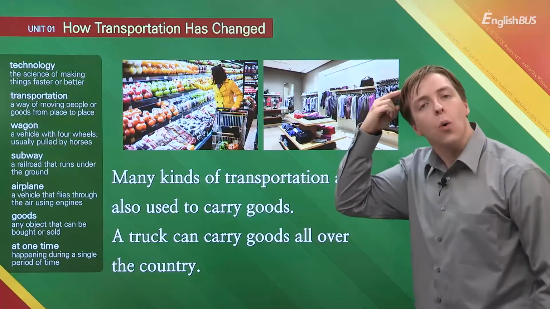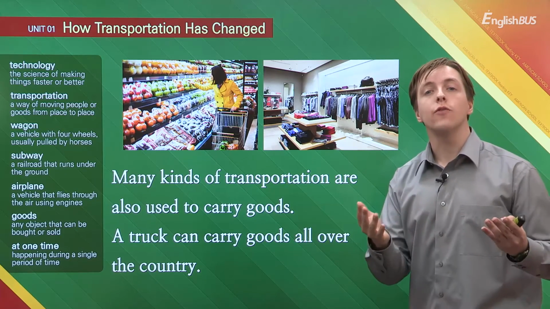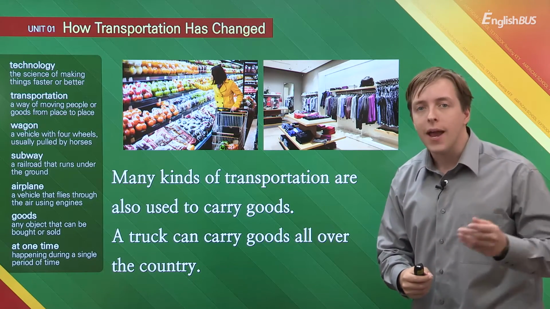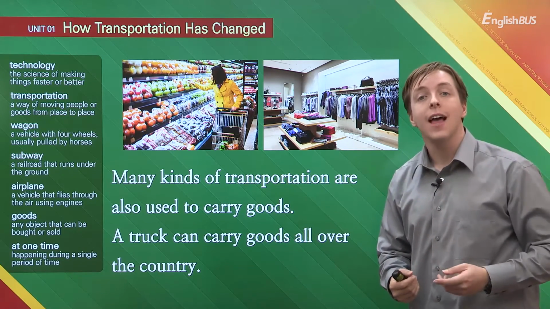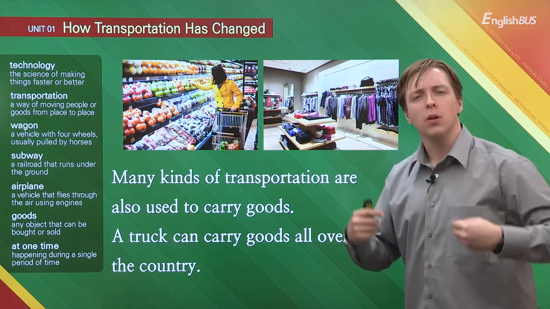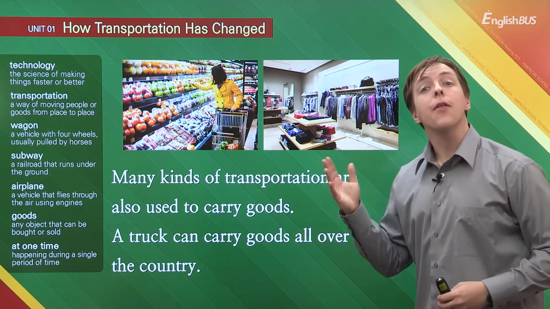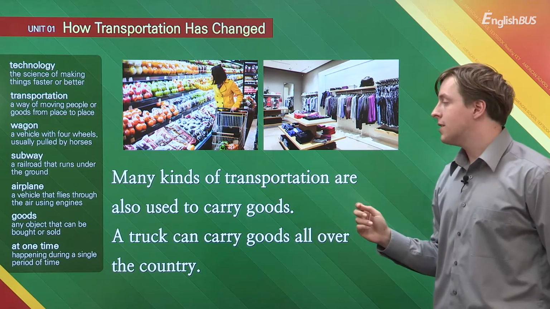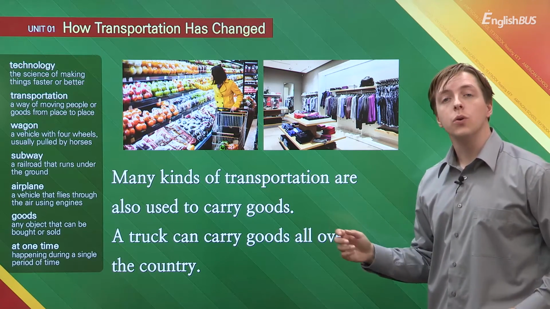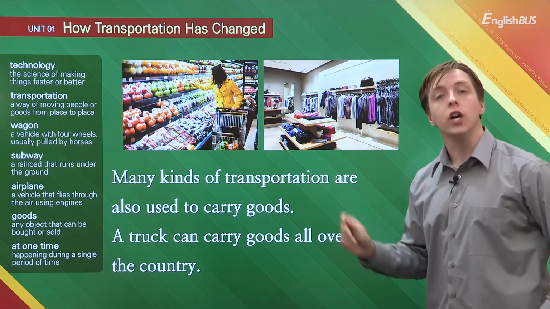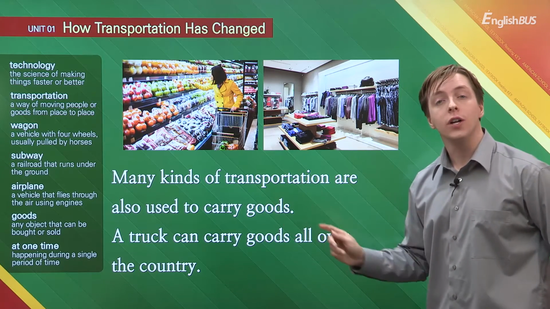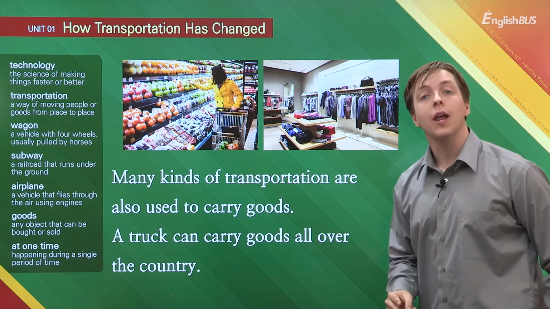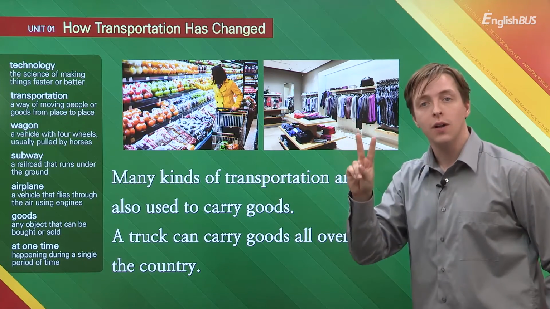So we know that different forms of transportation, subways, buses, airplanes, they can carry people. But what about things? Many kinds of transportation are also used to carry goods. Remember, goods is a word we learned in book number 2.